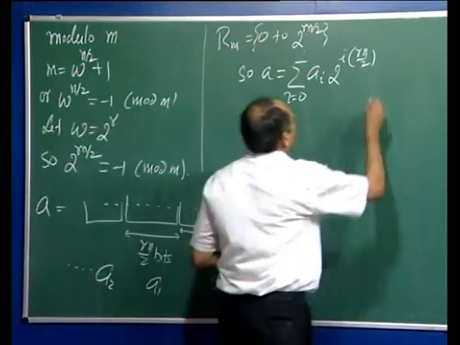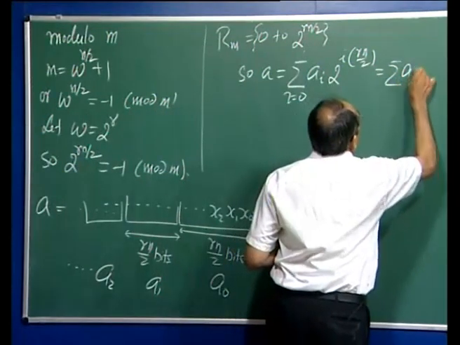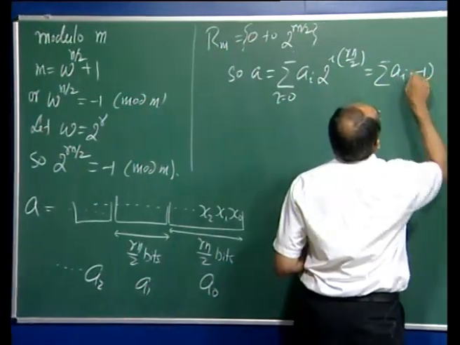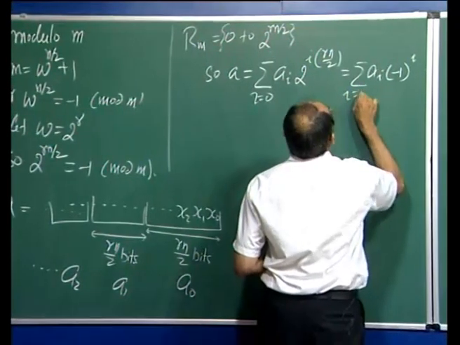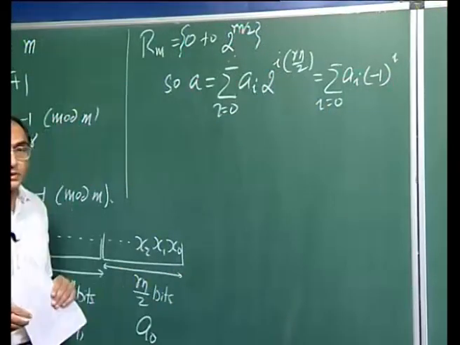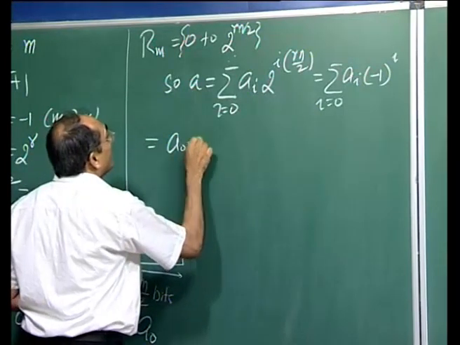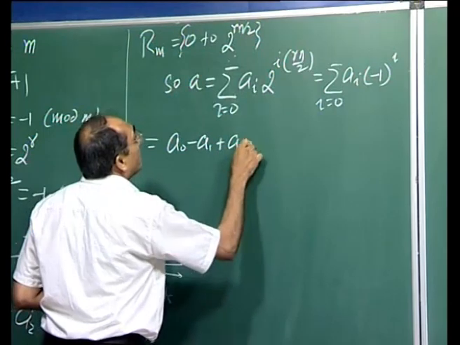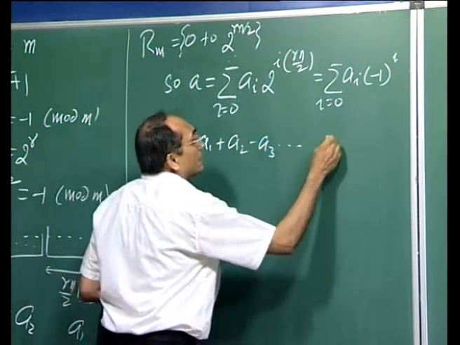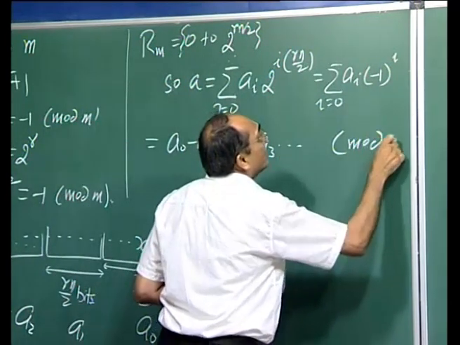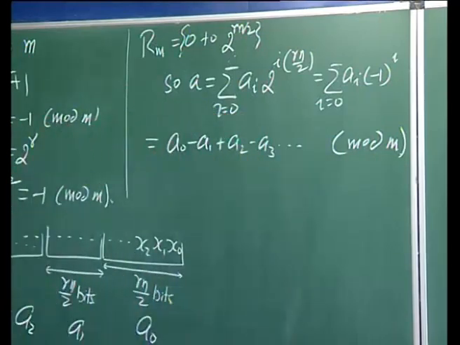So this becomes the sum of Ai times minus 1 power i, from 0 onwards. So this becomes simply A0 minus A1 plus A2 minus A3, in the ring, that is, modulo m.